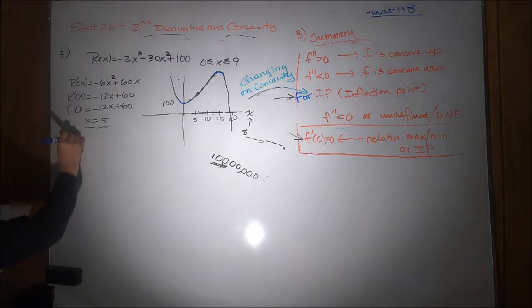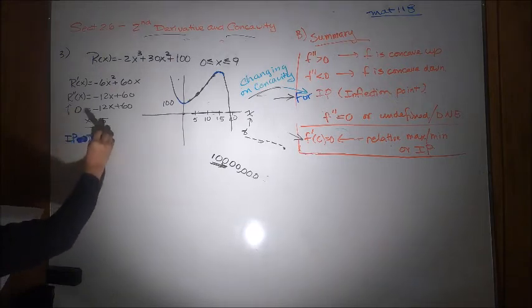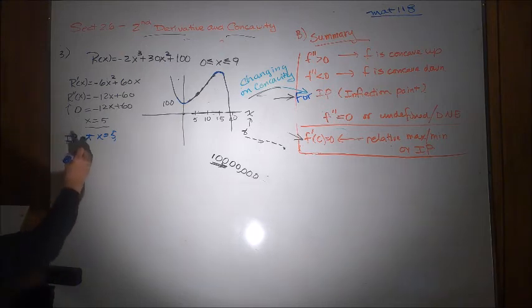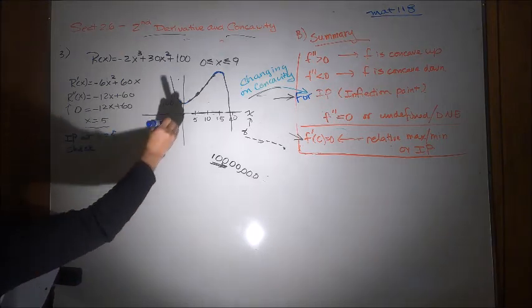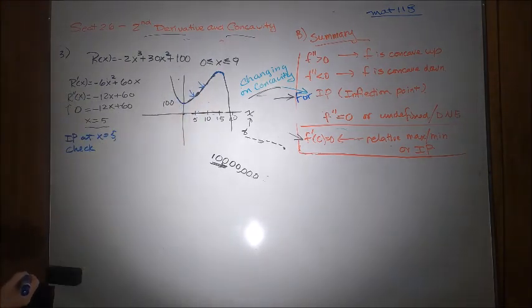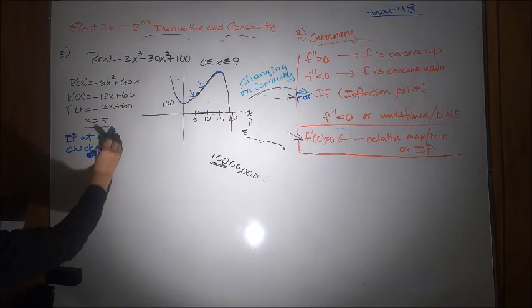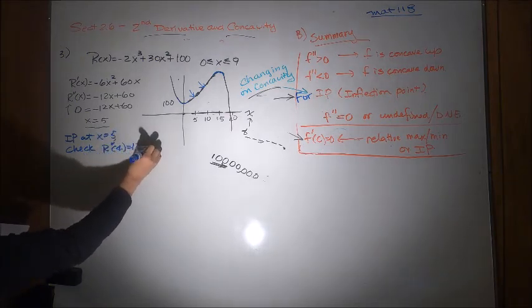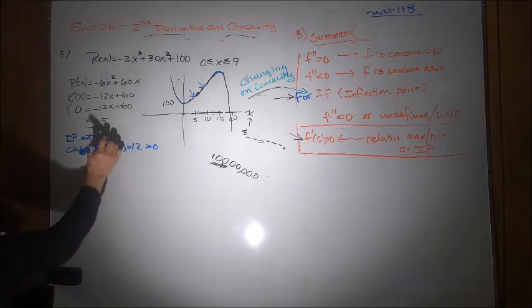So the inflection point is at x equals 5, right? Then you will check a few things: what happened before and what happened after. So let's check r prime prime at x equals 1, 2 is 12, bigger than 0, right?